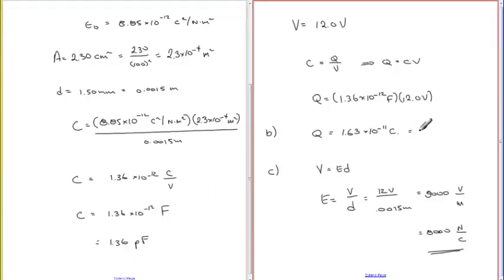Likewise, this would be equal to 16.3 picocoulombs. Pretty sure that's right. Yes, because 1.63 times 10 to the minus 11 is the same as 16.3 times 10 to the minus 12. So that would be another way of writing those two quantities, but otherwise everything is correct.